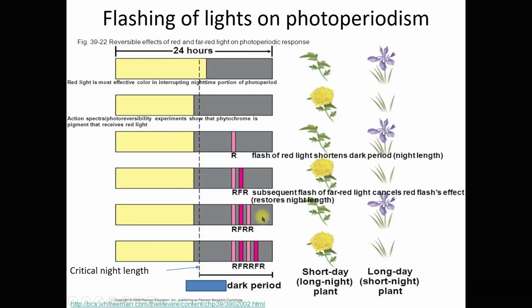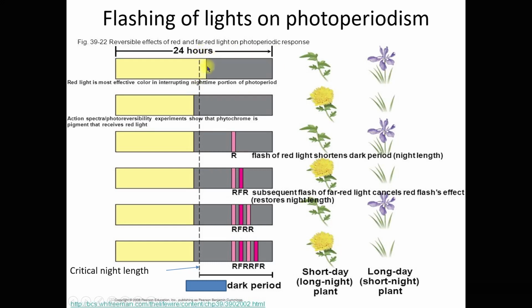Now, just now I mentioned the flashing of lights, red lights or infrared lights, on photoperiodism. So this is it. These dotted lines here are the critical night length. Long day plants must have a dark period which is shorter than the critical night length.